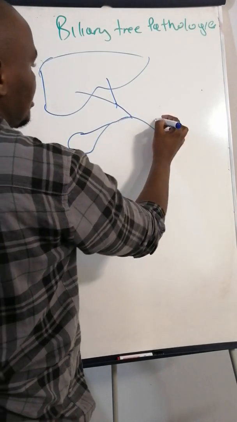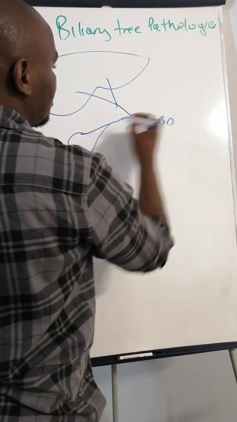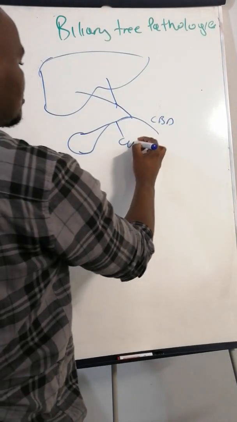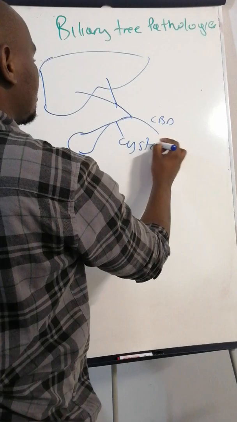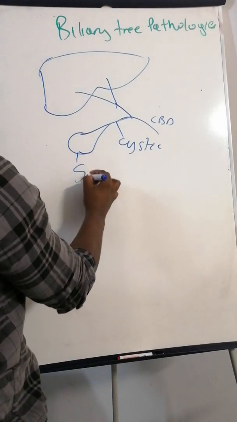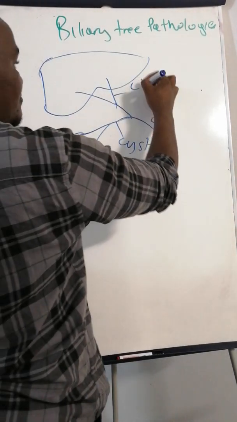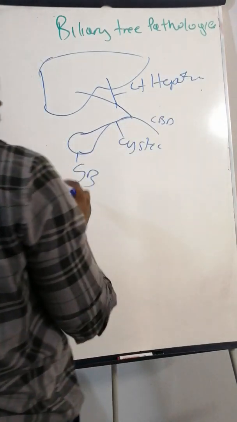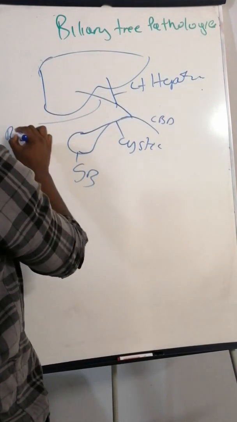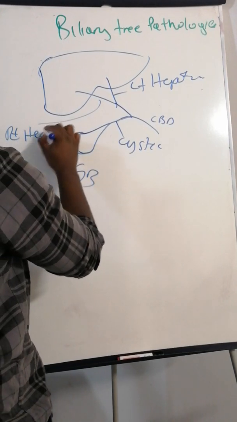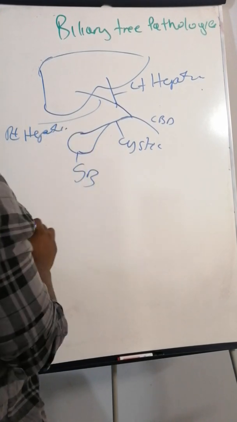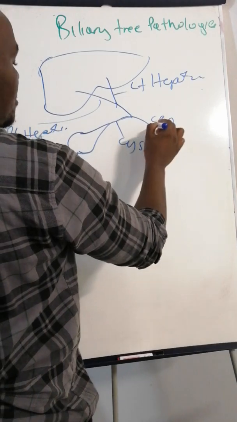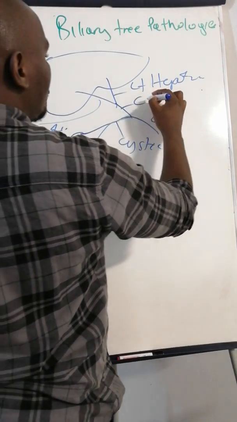And then that's our common bile duct. Cystic duct. This is our gallbladder. This is our left hepatic, draining the left lobe of the liver. This is our right hepatic. This is our common bile duct, and then this is our common hepatic.